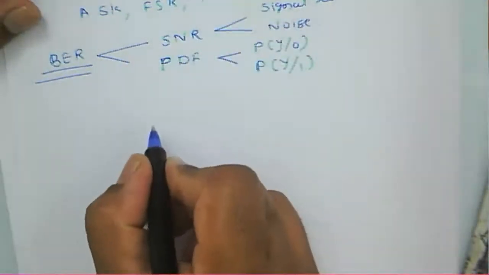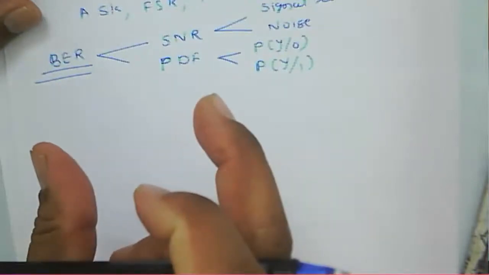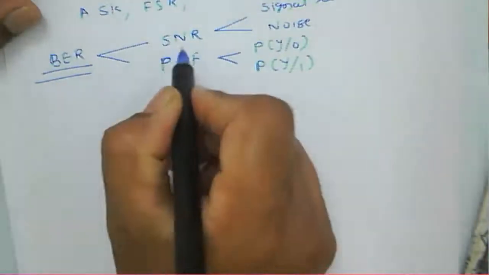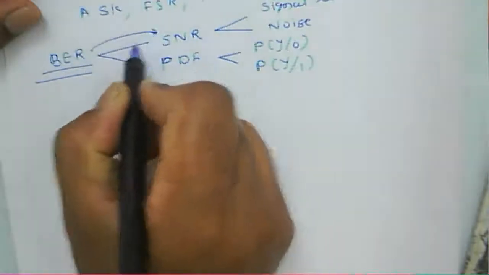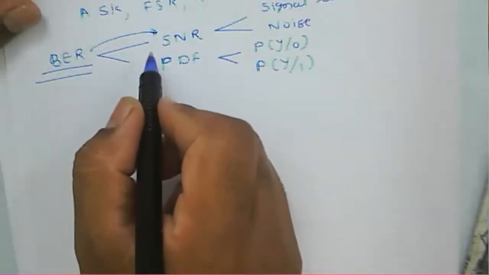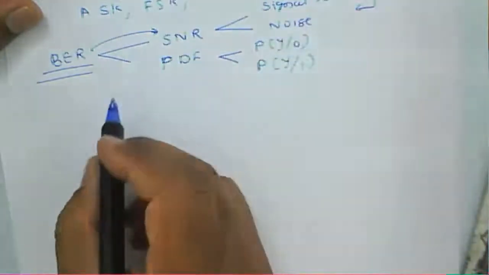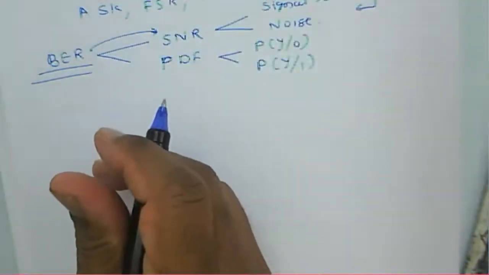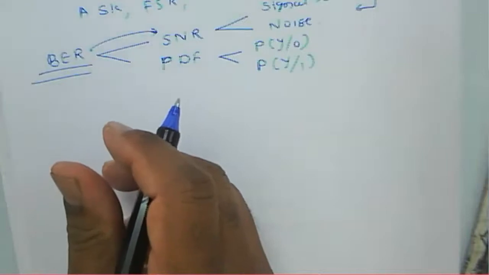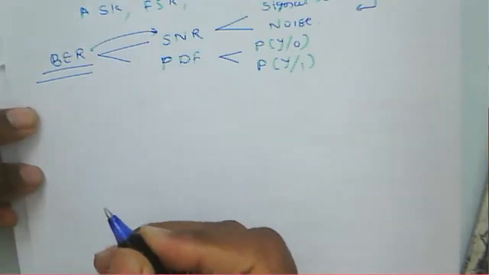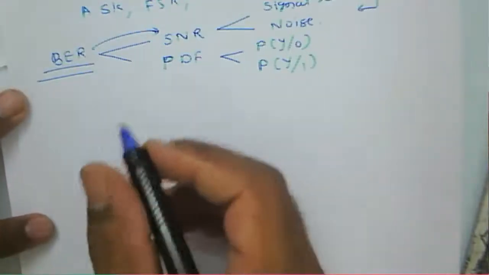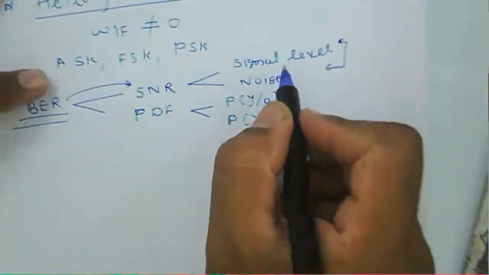Generally, to talk about receiver performance, we consider the BER, and then we need to talk about, for a given BER, what will be the receiver sensitivity. Because signal to noise ratio is just the level we are measuring.